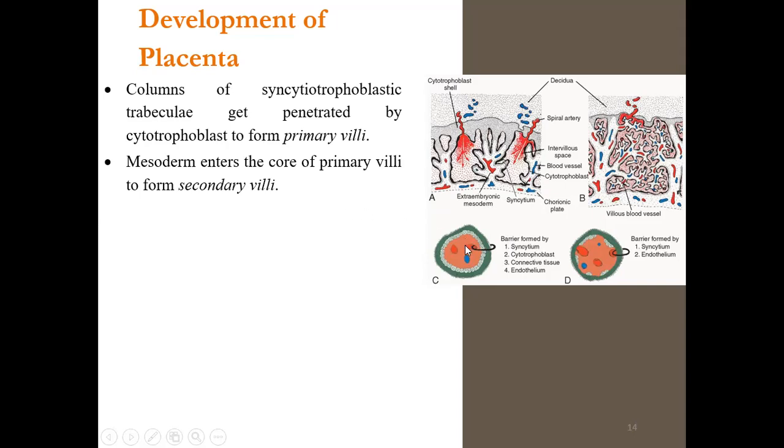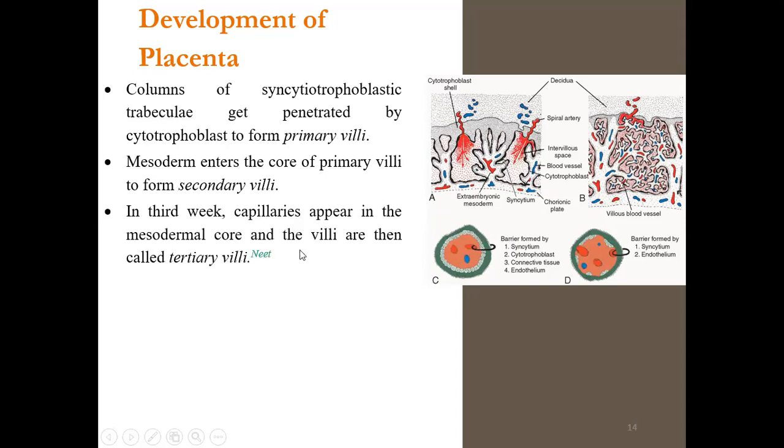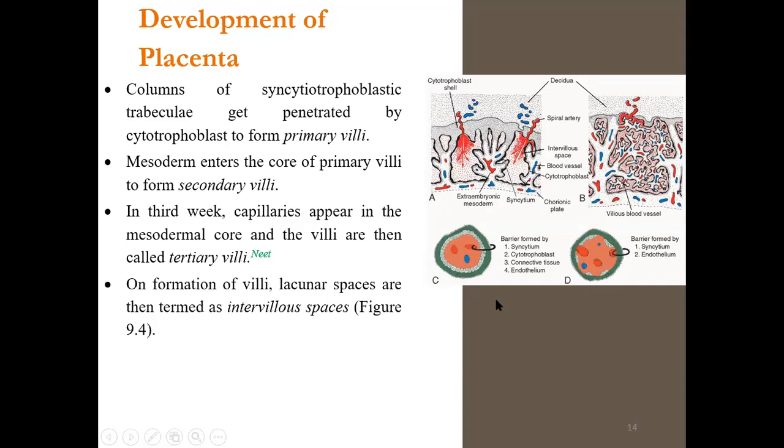Then the mesoderm will enter into these primary villi and form the secondary villi by the third week. And in the third week only, the tertiary villi will be formed when the mesodermal core differentiates into fetal capillaries. So now they are known as tertiary villi. On the formation of villi, lacunar spaces are termed intervillous spaces.